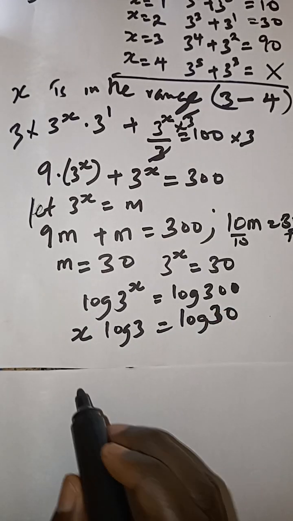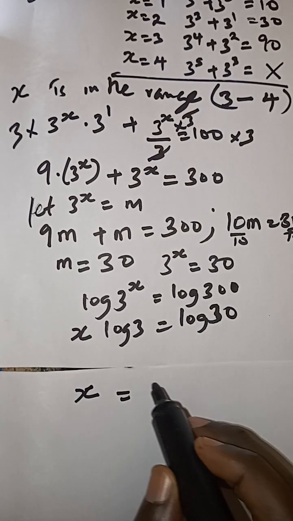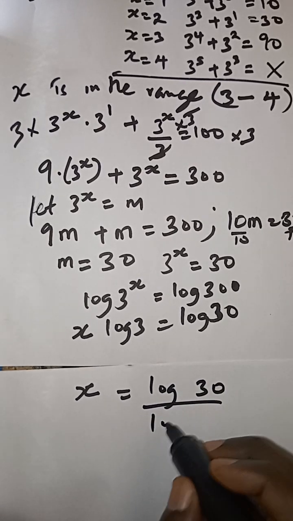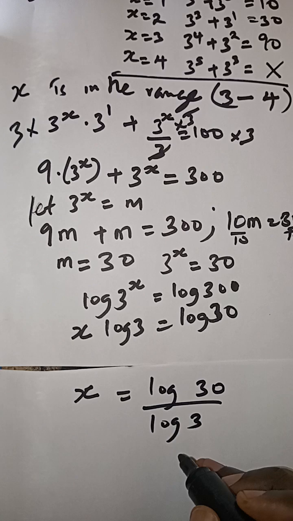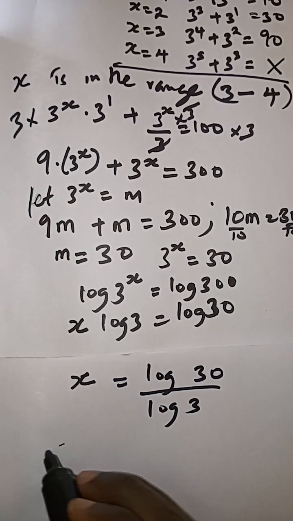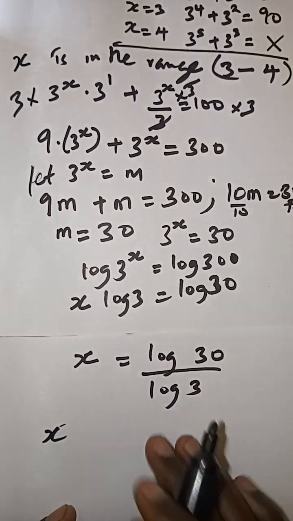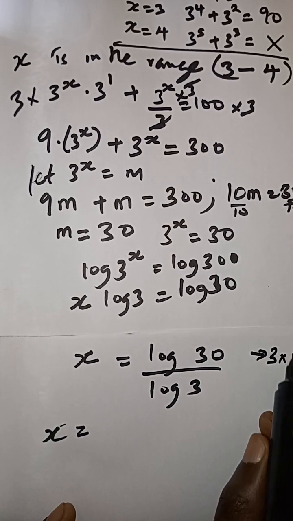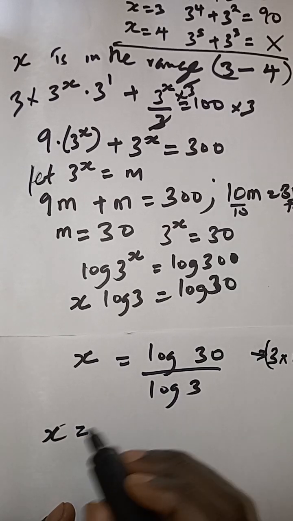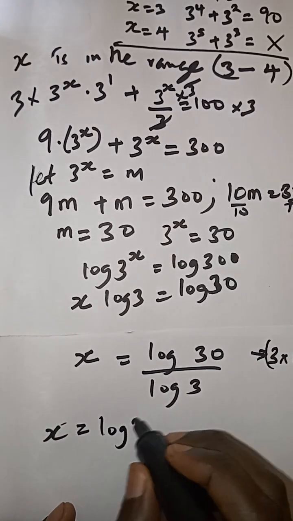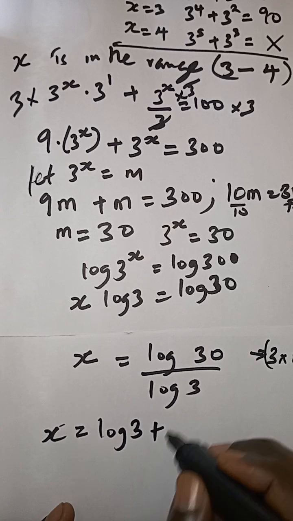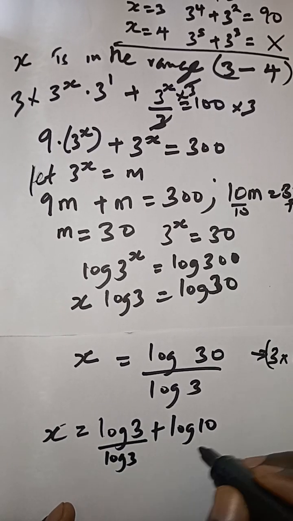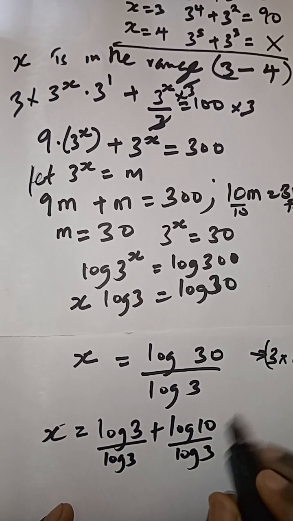So for me to get x, I'm going to have the log of 30 divided by the log of 3. Next, 30 can be written as a product of 3 times 10. So meaning I'm going to have the log of 3 plus the log of 10, all divided by the log of 3.